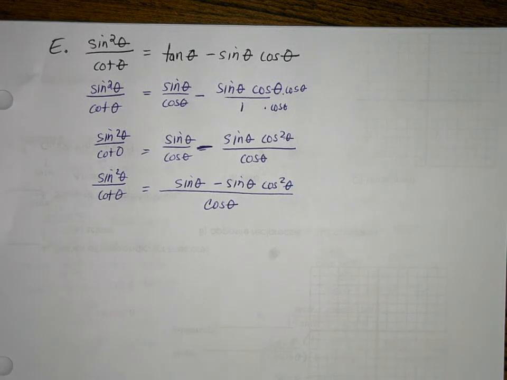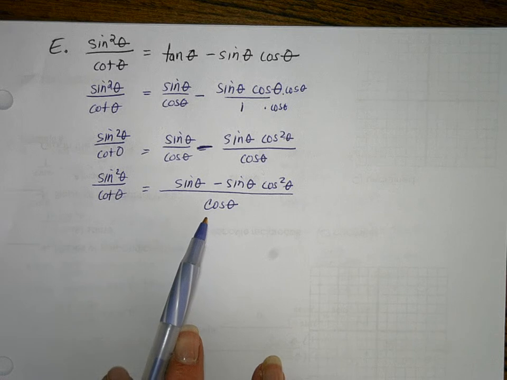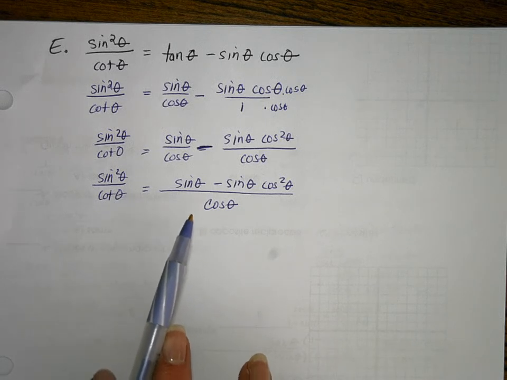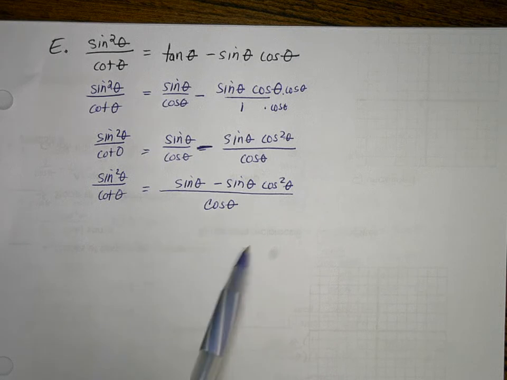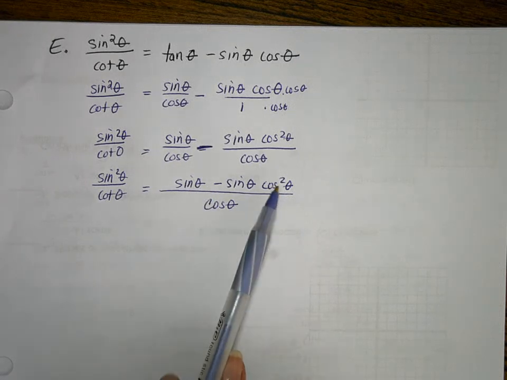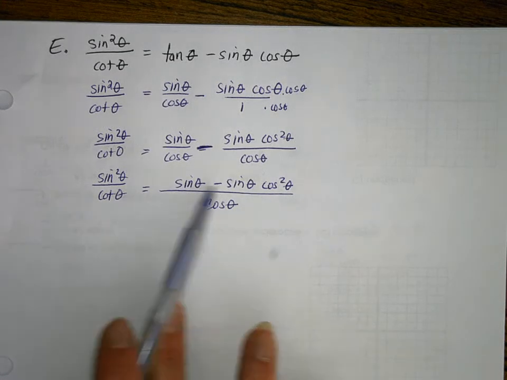What are you thinking we should try on that right-hand side? Okay, first thing, I look at the numerator, I see cosine. Can I do anything with him? No. I mean, there's not much I can do with just a regular cosine. Little to nothing that I can do with a regular cosine. So I look up in my numerator and I see sine, subtract sine, cosine squared. When you look at this numerator, do you notice anything?